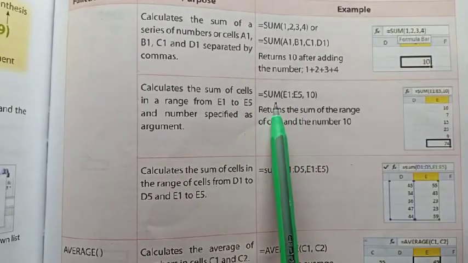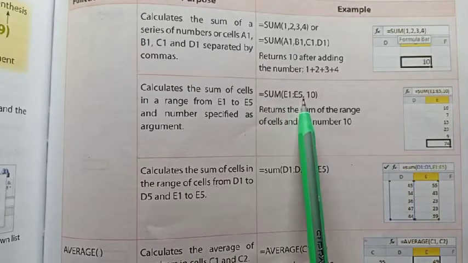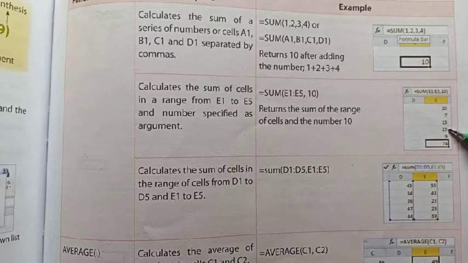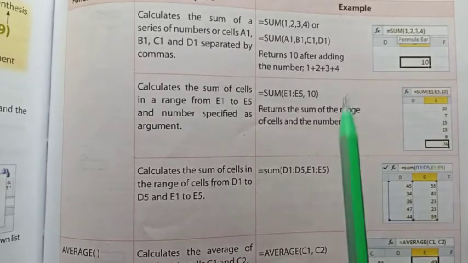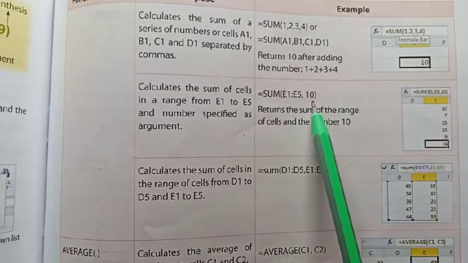Then next we have another method. You can see here we have written =SUM(E1:E5, 10). Here E1 to E5 is to be added. Then after E1 to E5 we have placed a comma and written 10.